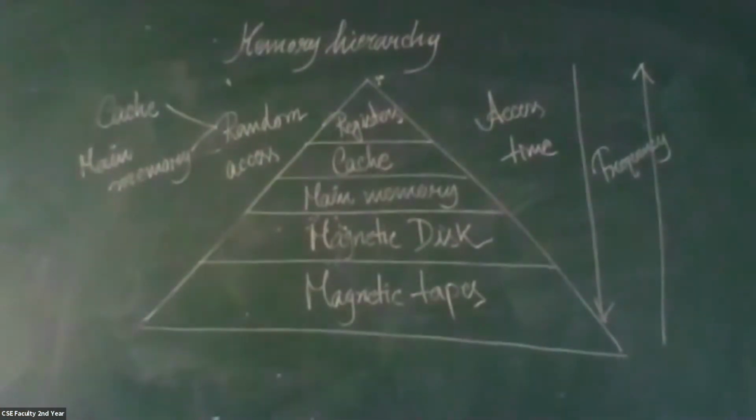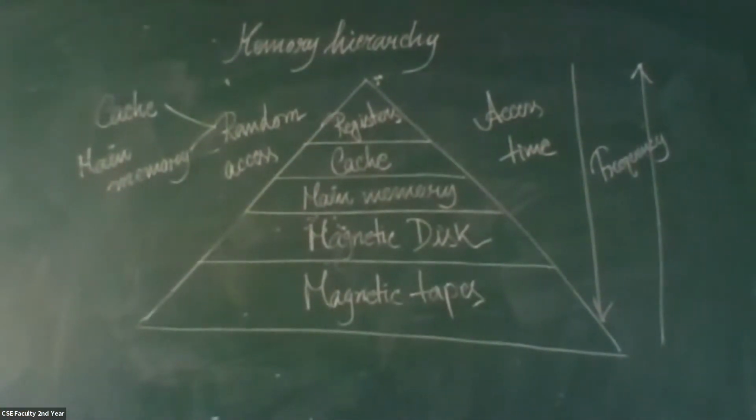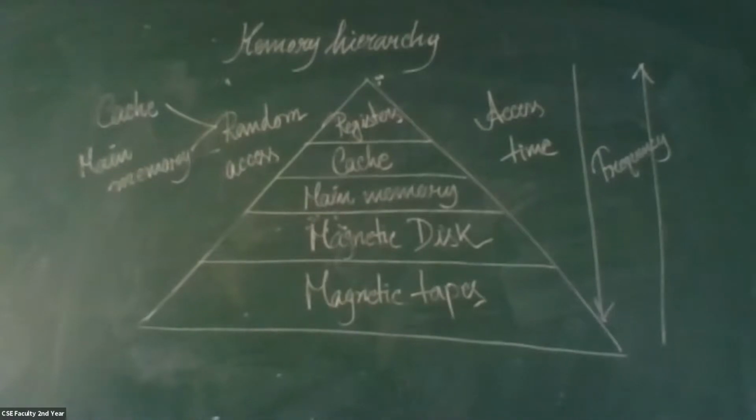Random access means you can fetch the data randomly from anywhere in the cache as well as the main memory. Okay. So in different places, the data can be stored. And you can access the data randomly. You don't have to follow any particular order to access the data in the cache and the main memory.